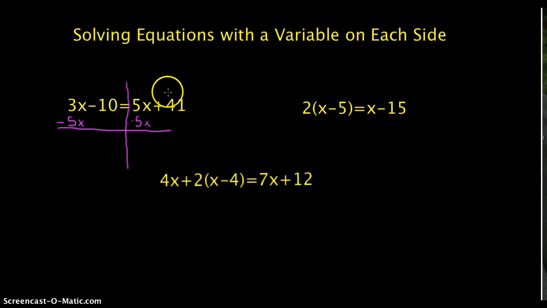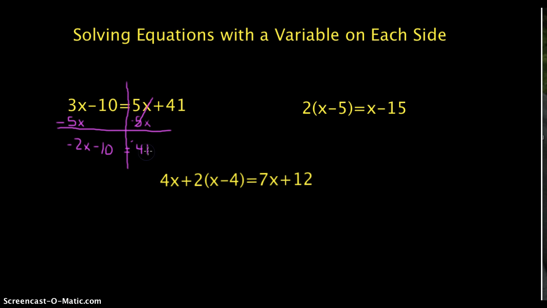The good news is that my 5x minus 5x cancels out. So I'm left here with 3x minus 5x, which is negative 2x, take away 10. I'm just putting these together. And that is going to equal, these are gone, so I'm just left with 41.